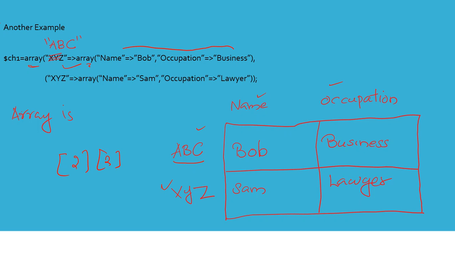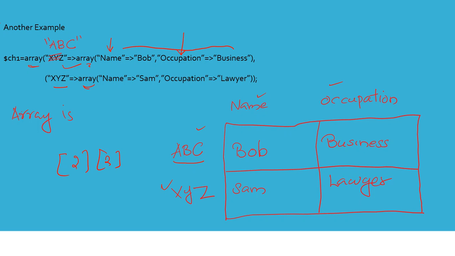Inside of the first row, the first column can be named as name and the second column can be named as occupation. This is followed by another array function which is also written as XYZ gives array.